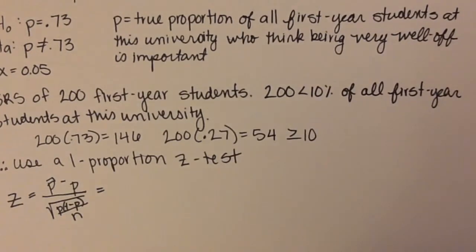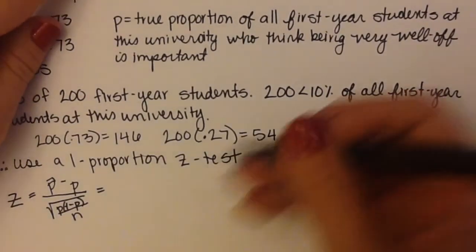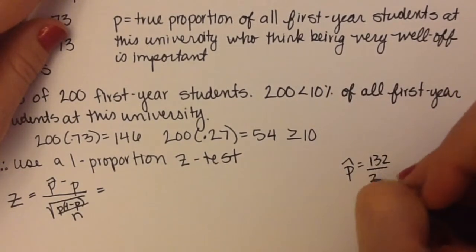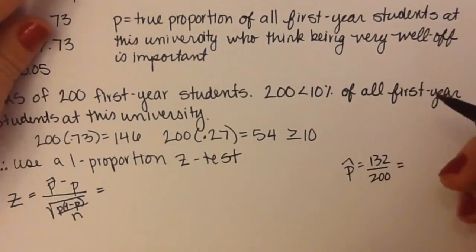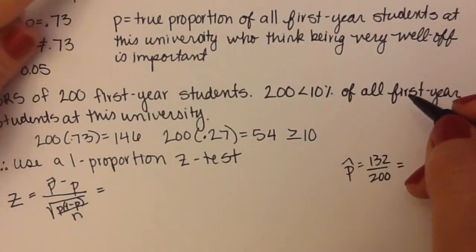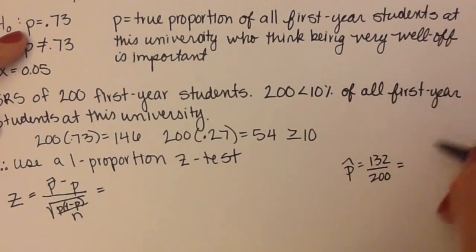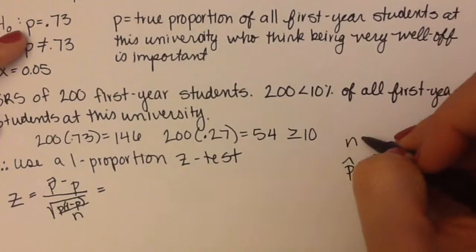So we just go to the data that we have. Our p hat comes from the information given, which was 132 over 200. Our P comes straight from our hypotheses. And our N we know was 200.